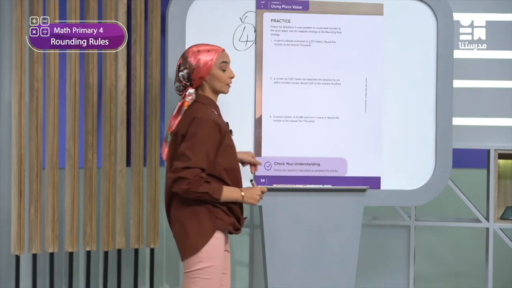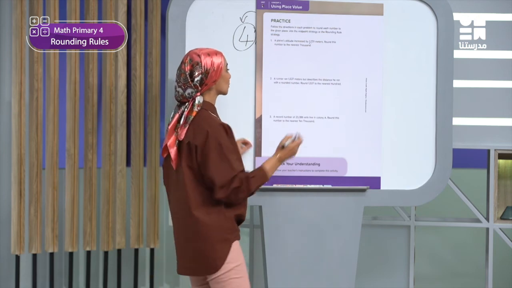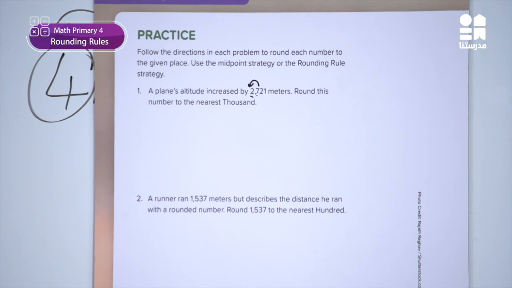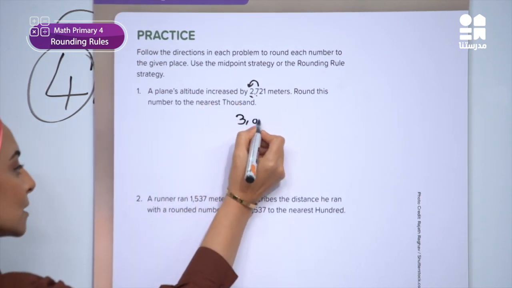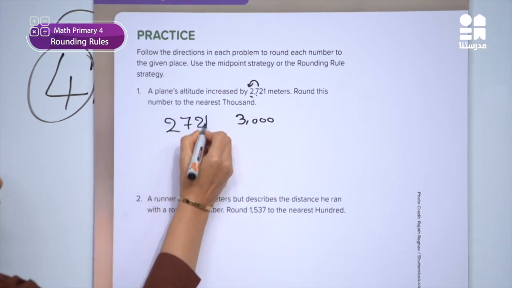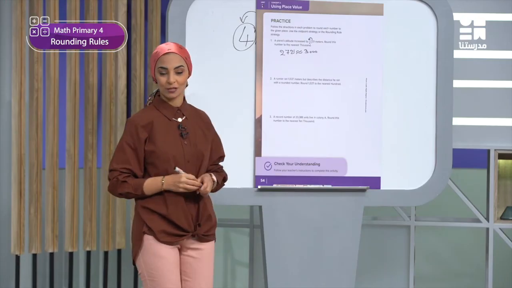Look next door. Next door is 5 or more. Yes, it is more than 5. So what should I do? I will add 1 more. So 2000 will be 3000 and the rest will be zeros. So 2721 is approximately equal to 3000, as you see here.